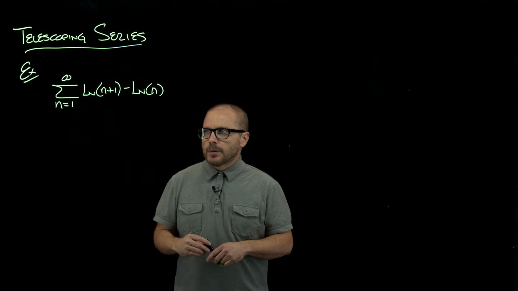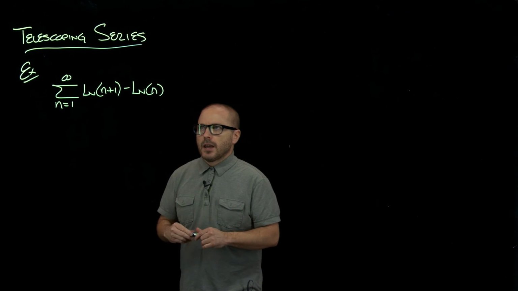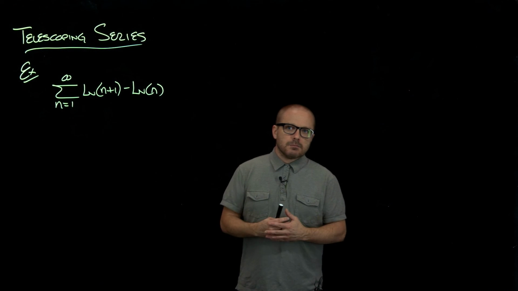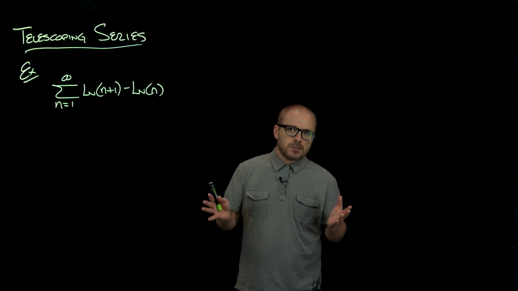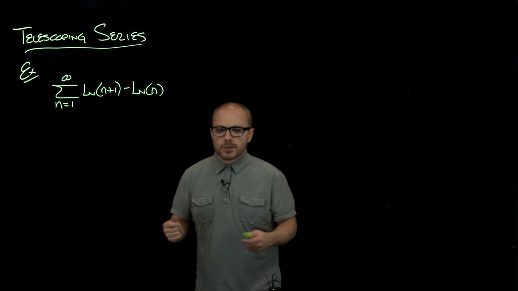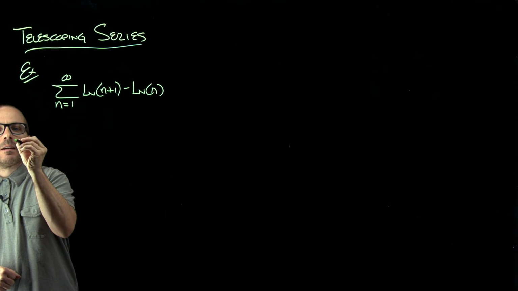Here's an example. The sum of natural log of n plus 1 minus natural log of n, from 1 to infinity. And all I want to do is write out some partial sums, and you'll quickly see why these things are called telescoping. So what do we have here?